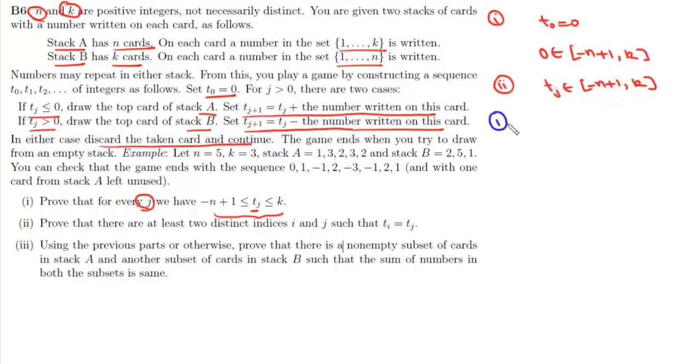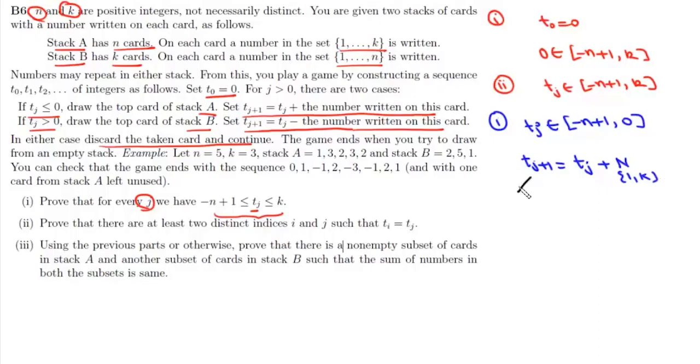Case 1, when tj lies between minus n plus 1 and 0. Now in this case, tj plus 1 will be tj plus the number on this card. Now this number lies between 1 and k.